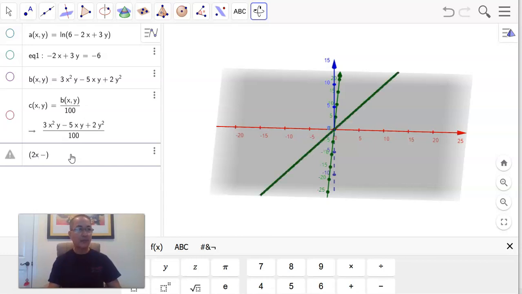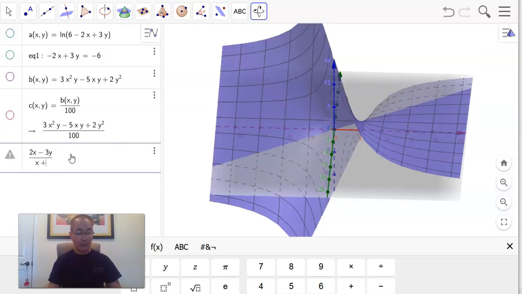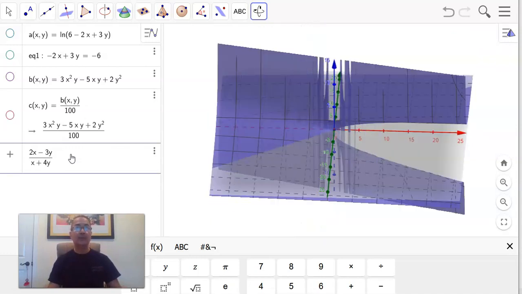What if you had 2x minus 3y, and then we divide that by, ooh, how about x plus 4y? Do we have any issues? Yeah, you're not allowed to divide by 0, right? So this time, the domain of our function is x plus 4y should not be 0.